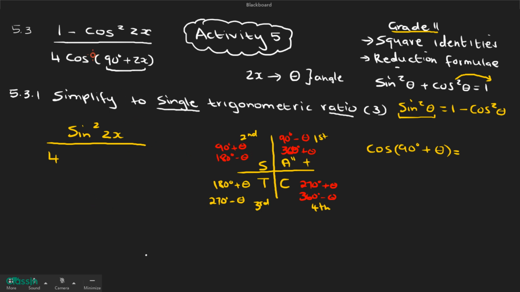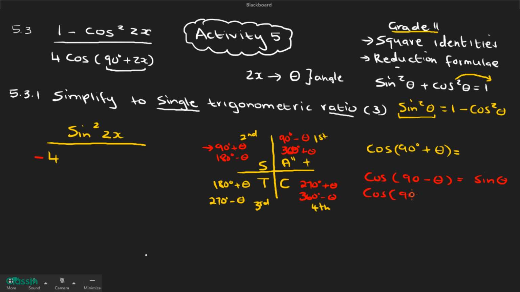Now we are going to check, where do we find 90 plus? 90 plus is in the second quadrant, and that is where sine must be. But what do we have here? We don't have sine, we have cos. Therefore, it means that this is negative. But because it's 90, we say cos of (90 minus theta) is the same as sine theta.